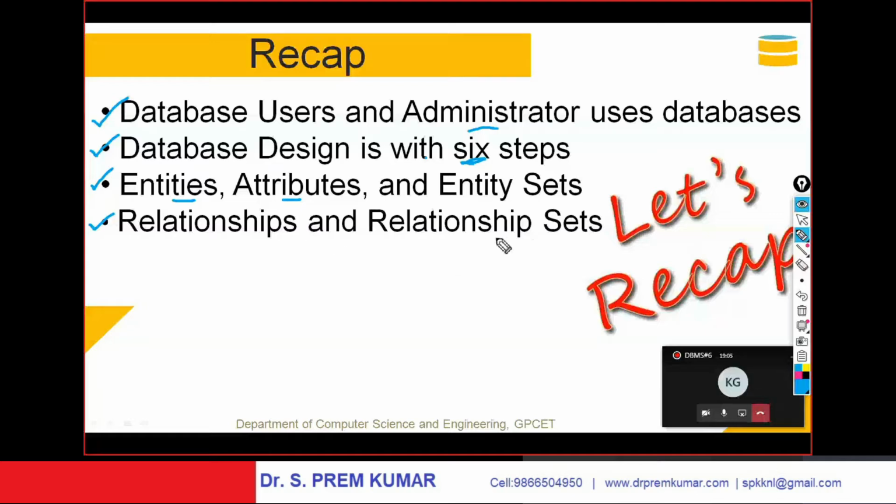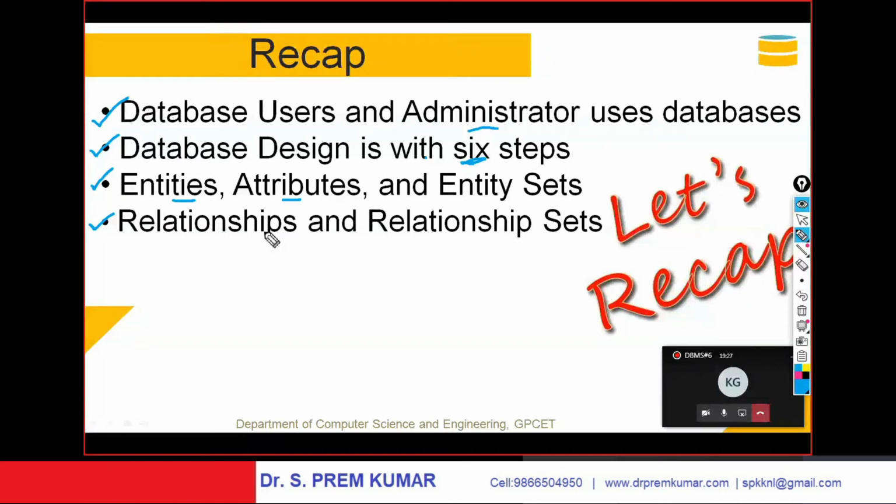Relationships and relationship sets. An entity is related to another entity. For example, a lecturer is related to a student. There is a relation: the lecturer teaches the student. So there is a relation between the lecturer and student. Similarly, a doctor treats.